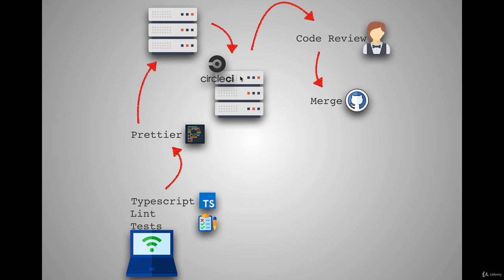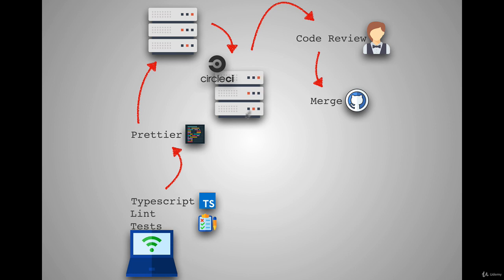Can you run all the tests, perhaps run TypeScript, run linting, run all the tests, make sure everything passes, and build the project. If nothing fails in that step, everything is good to go. All right, this PR is valid. You can now do a code review, and somebody can do a final check on the code, and then people can merge it. So we're adding this extra step over here, or an extra machine that's going to do some work for us automatically every time we make a PR.